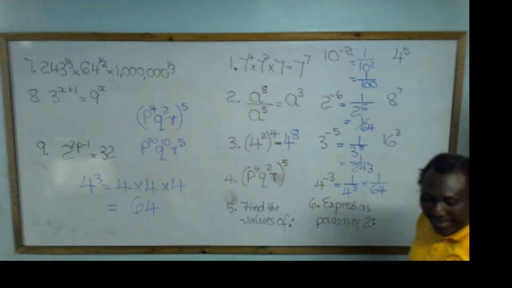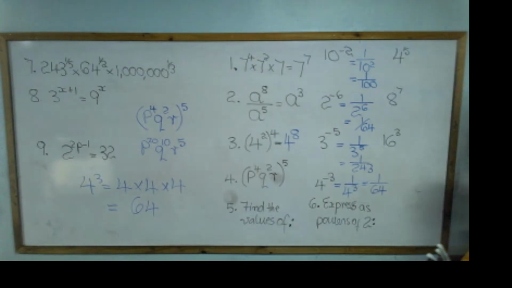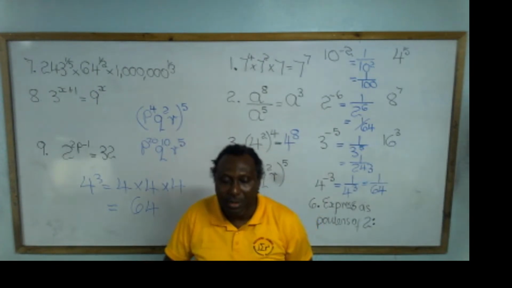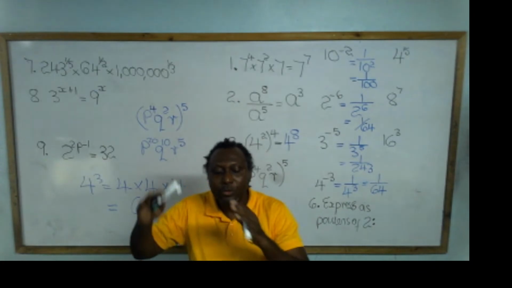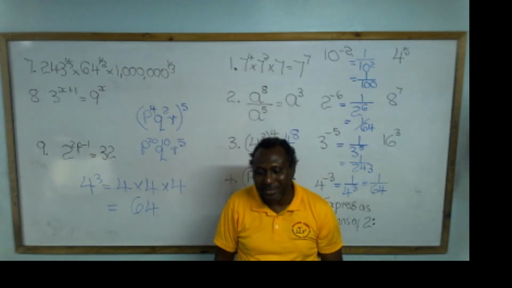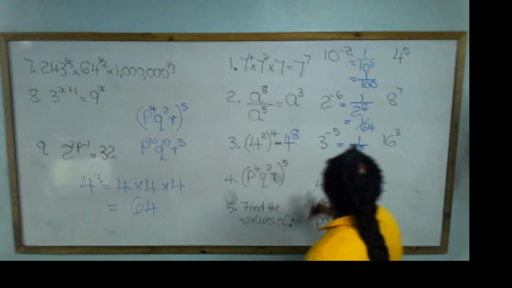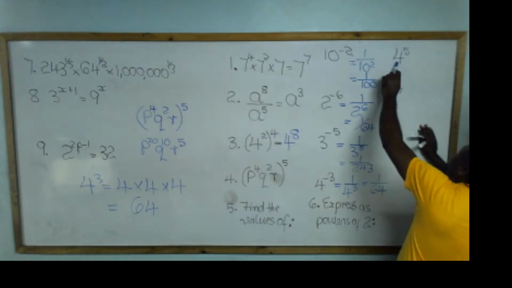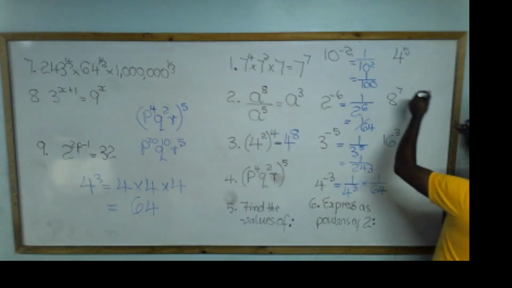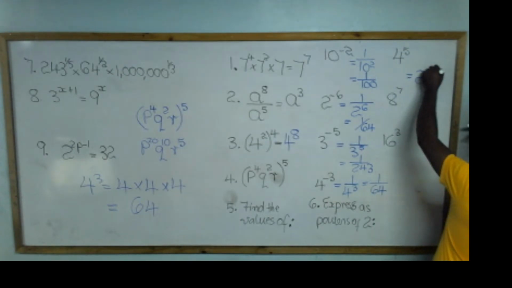Number 6 says express as powers of 2. Students, what do you mean by express as powers of 2? The answer must be 2 raised to some power. Now that we have 4 raised to the power of 5, when you are finished, your answer should be 2 raised to the power of something.